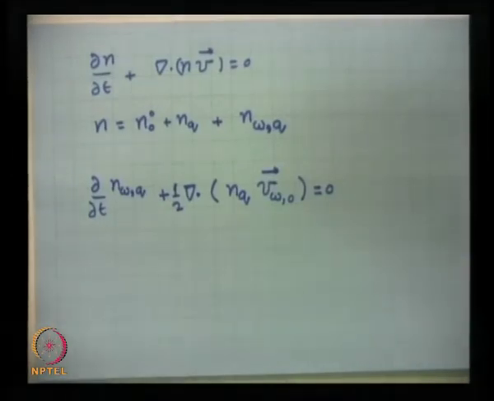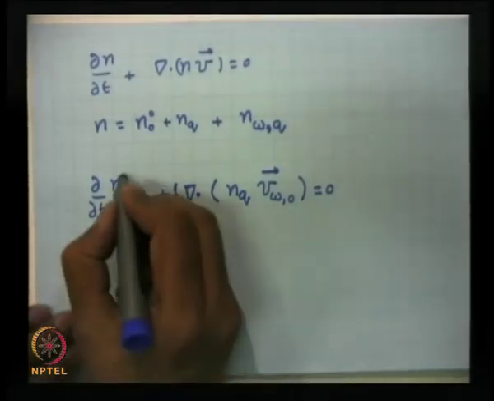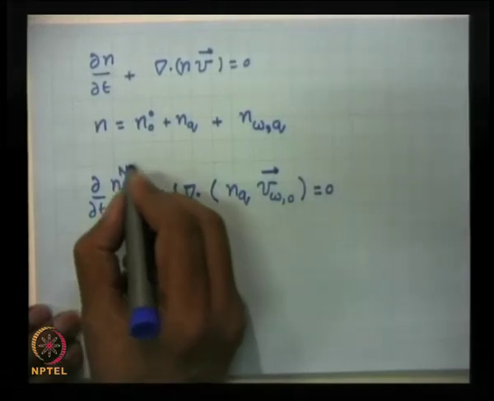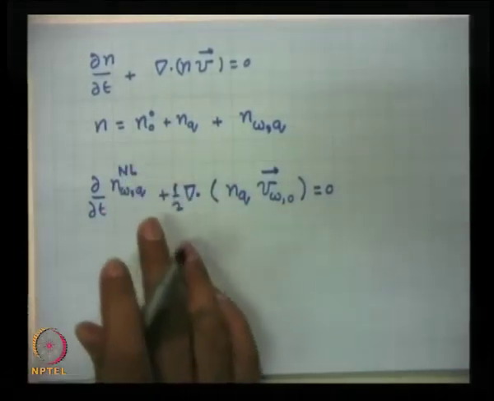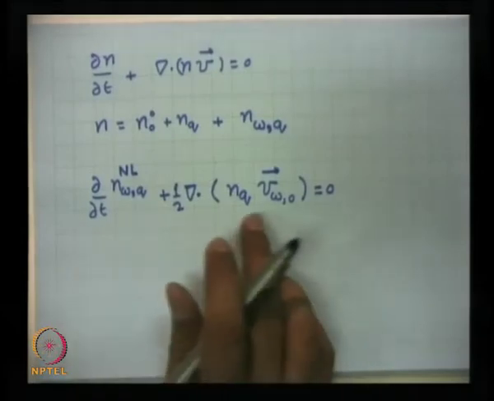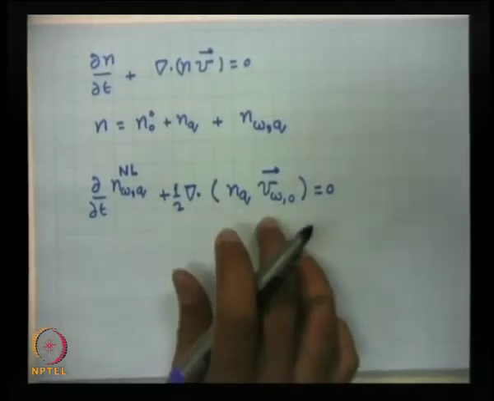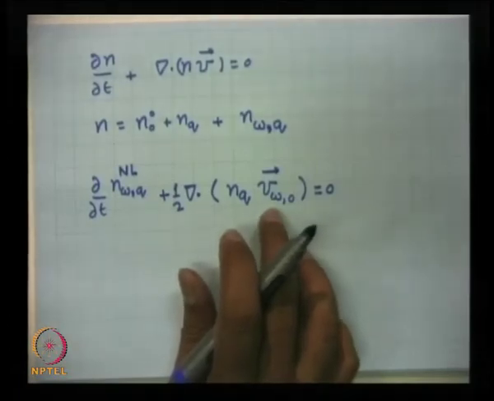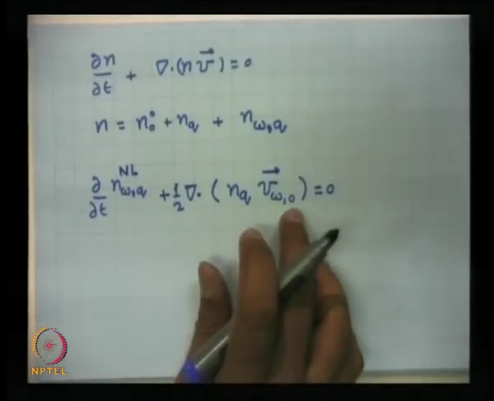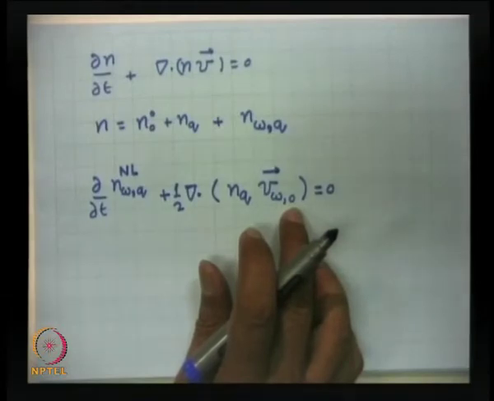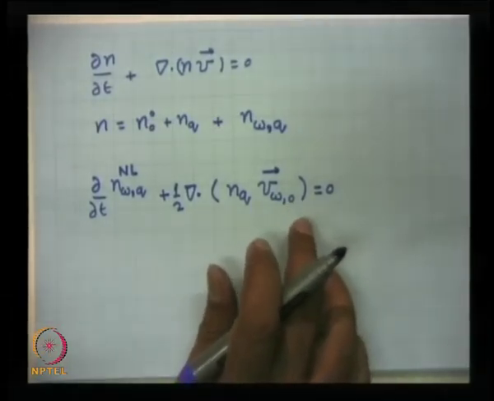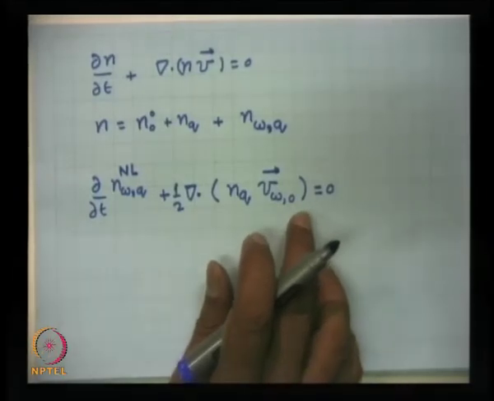Well, this I call the nonlinear part of n omega q. Why nonlinear? Because there is no velocity here at omega frequency and q wave number. This omega 0 is produced by the original electric field of omega frequency, but the quasi field that is produced by this nonlinear current is not included in here.